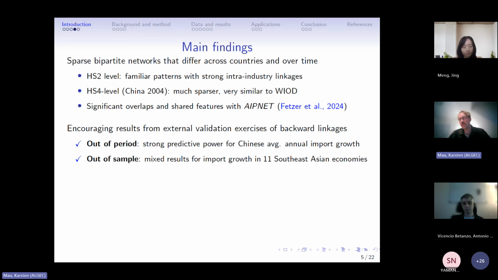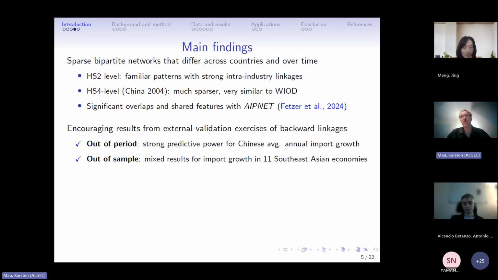So when it comes to the external validation, as I said, we wanted to see whether we can find some explanatory power if we see export growth as an explanatory variable, whether we then also see higher imports in the goods that we find are upstream to those exports.